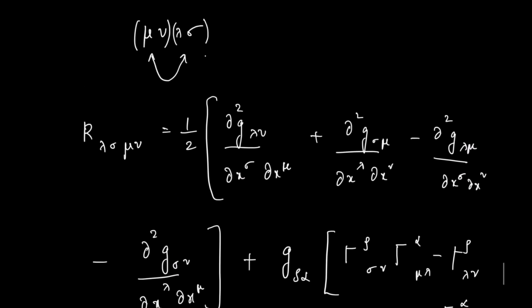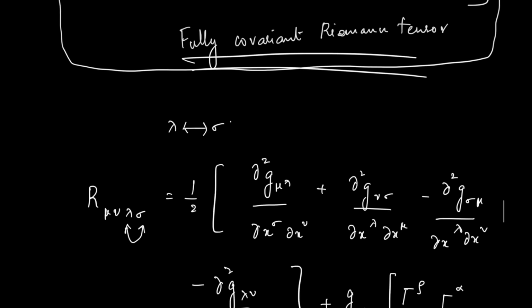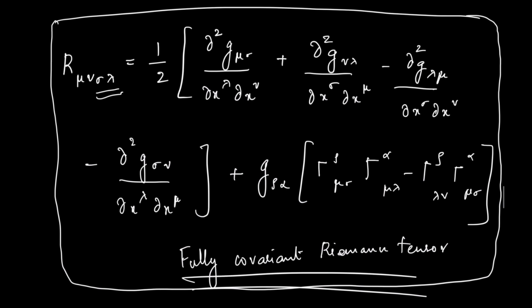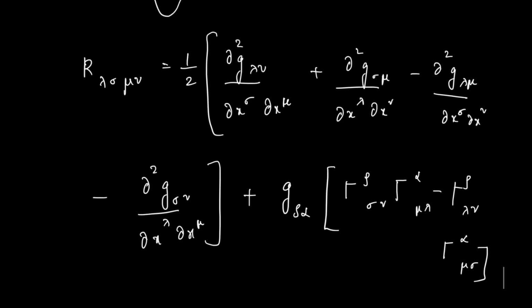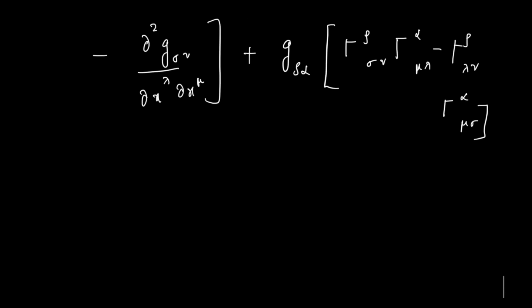Now if you compare this with the original one, then it is the same. There is no change. So if you interchange pairwise lambda sigma and mu nu, then I'm getting R mu nu lambda sigma as it is.